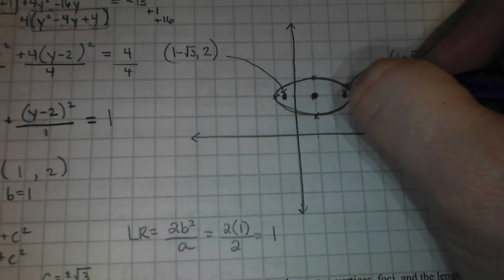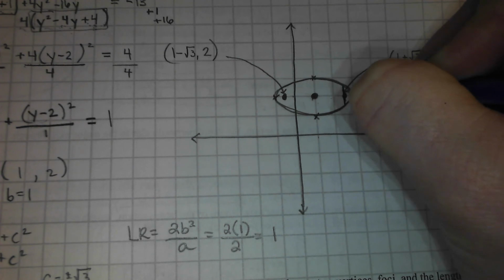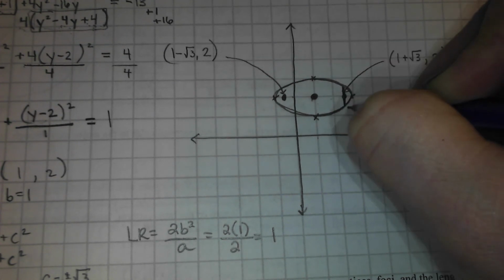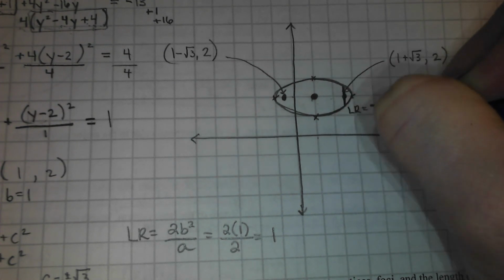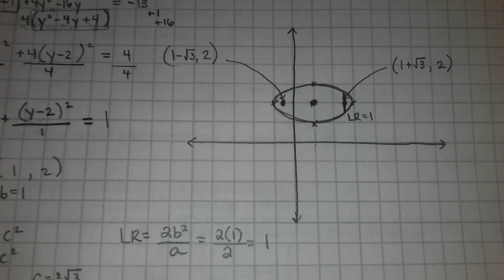So you can draw in one of your latus rectums and say LR equals 1. You don't have to draw in two. They're the same thing. Equidistant on both sides. They'll make it look like a football. Is that helpful?